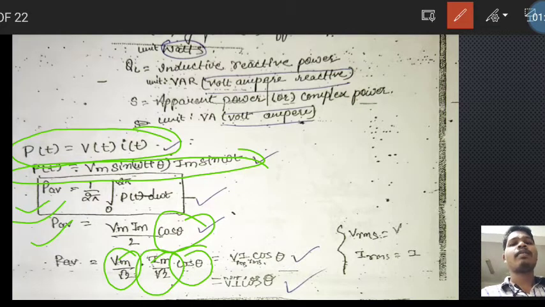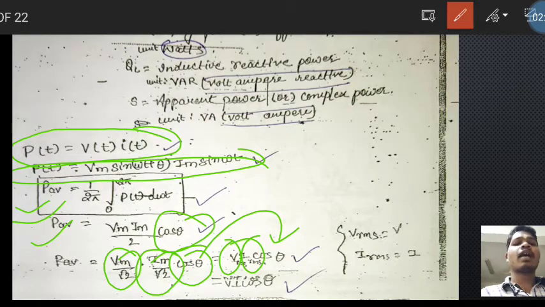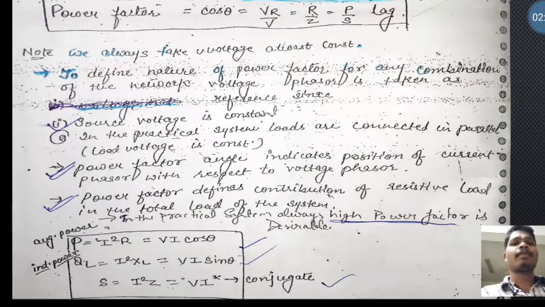Here Vm divided by root 2 is Vrms and Im divided by root 2 is Irms. So Vrms Irms is V and I, and VI cos theta is our answer.